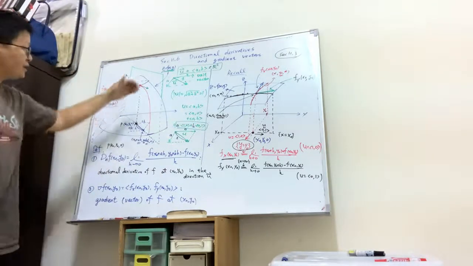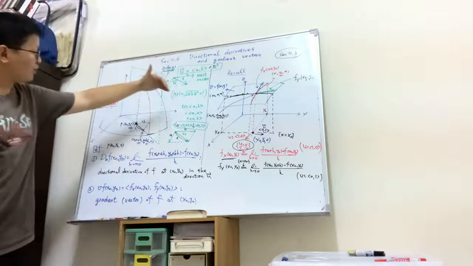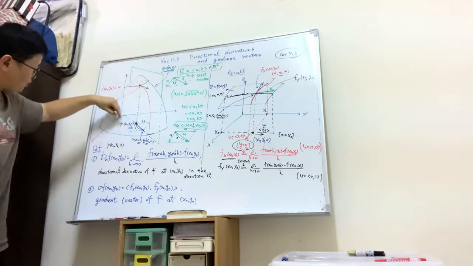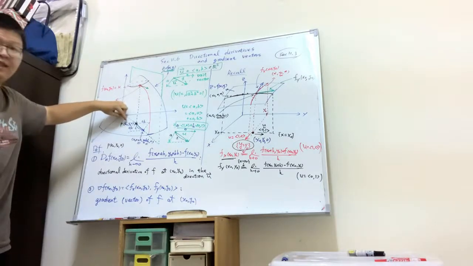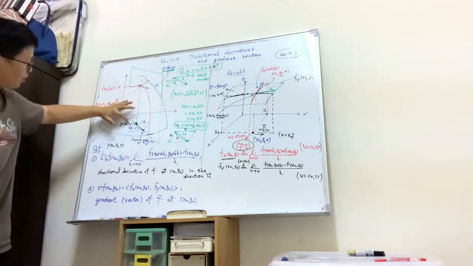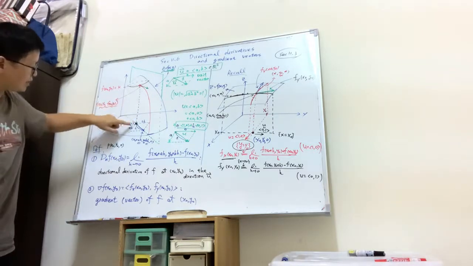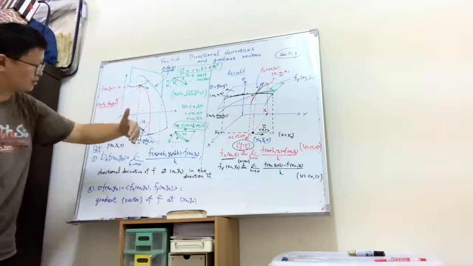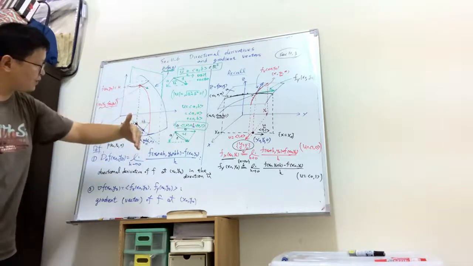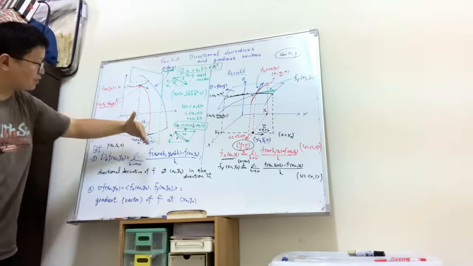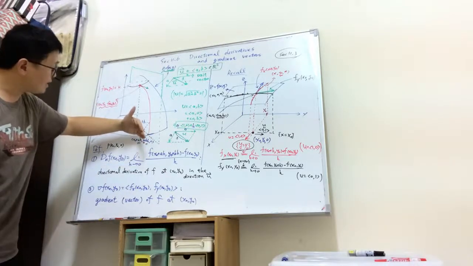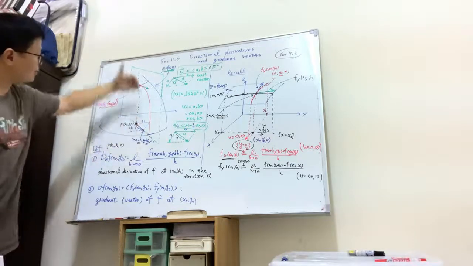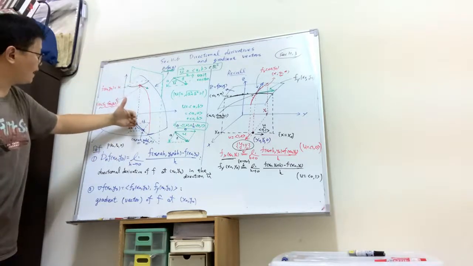Okay, so now we decide one direction vector, and we fix the point P (x0, y0) in the xy plane, with z value equal to 0, over here. We decide the direction, and in this direction we consider the plane. I mean, in this direction we let z be any value.